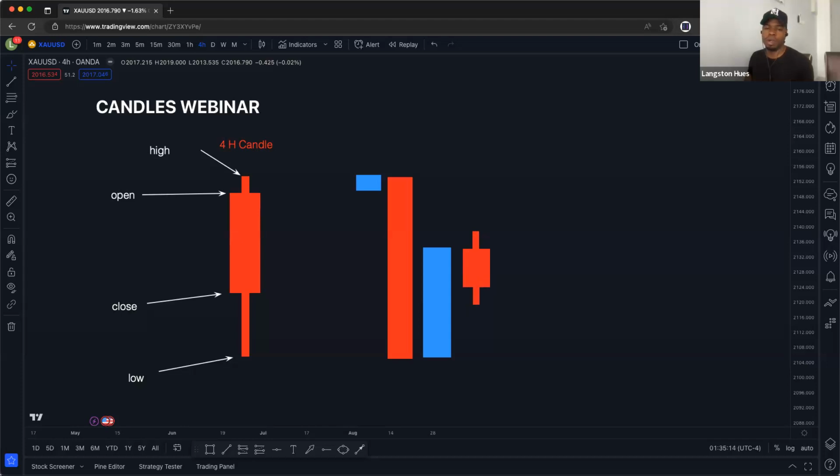And this would be our four 1H candles that make up the 4-hour candle, 4H candle.